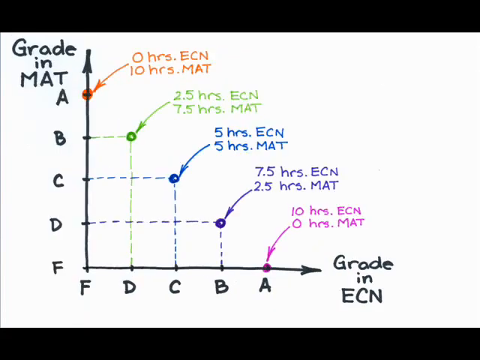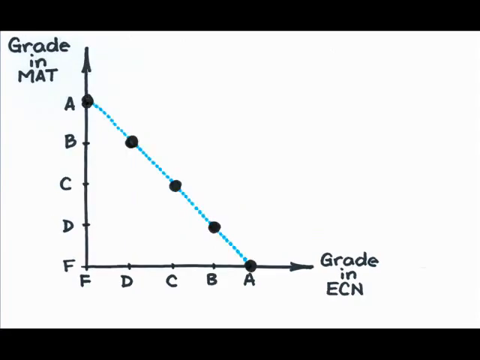Are there any other combinations the student could choose? Sure. He or she could pick 7 hours and 3 hours, or 6.2 hours and 3.8 hours, or 1 hour and 9 hours. There are an infinite number of combinations. These would be shown in the diagram between the points we've already chosen.